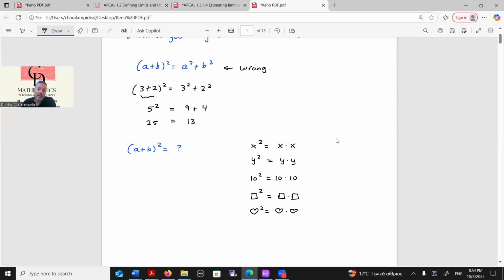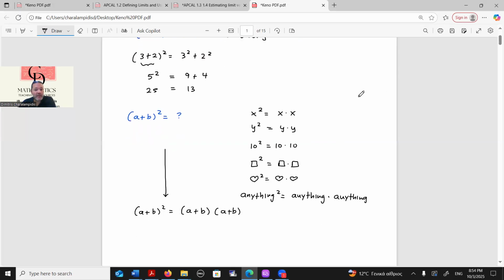In general, anything squared should simply be anything times anything. Therefore, even A plus B squared should be the same as A plus B times A plus B.